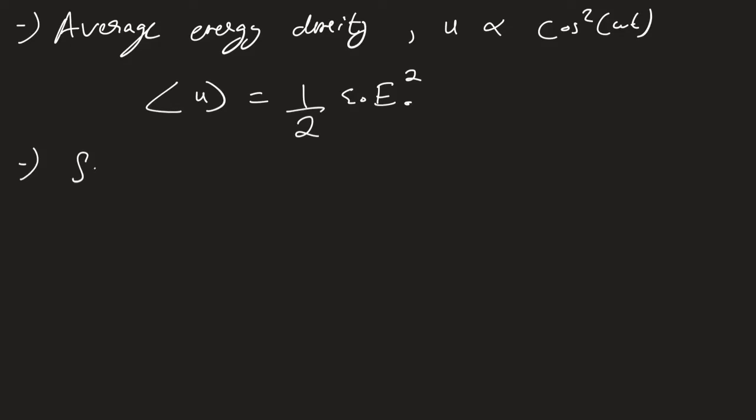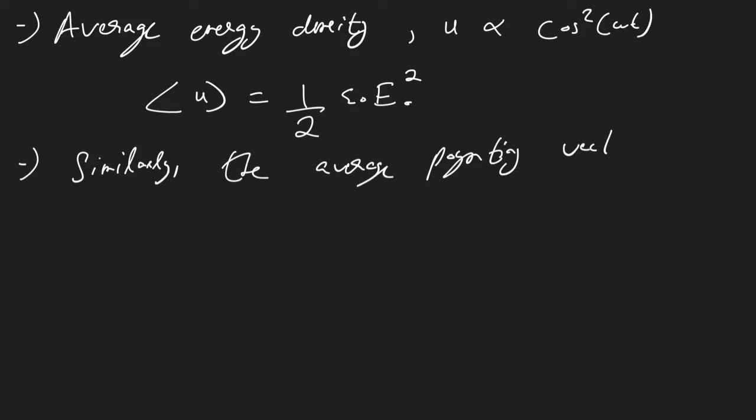Similarly, the average Poynting vector, which we denote by S, becomes equal to 1 over 2 epsilon naught c E naught squared z hat. So it's almost always better to talk in terms of averages when we talk about measurements, rather than absolute values.